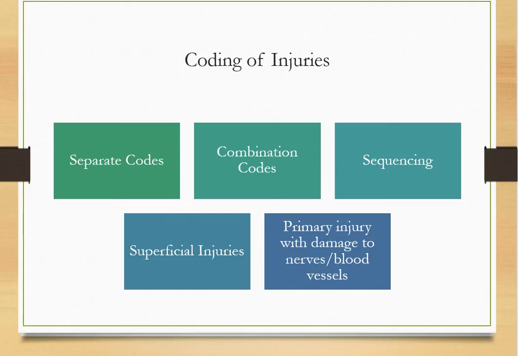That code should not be used in an inpatient setting unless you don't have any other options. Also, traumatic injury codes S00 through T14.9 are not to be used for normal healing surgical wounds or to identify complications of surgical wounds.